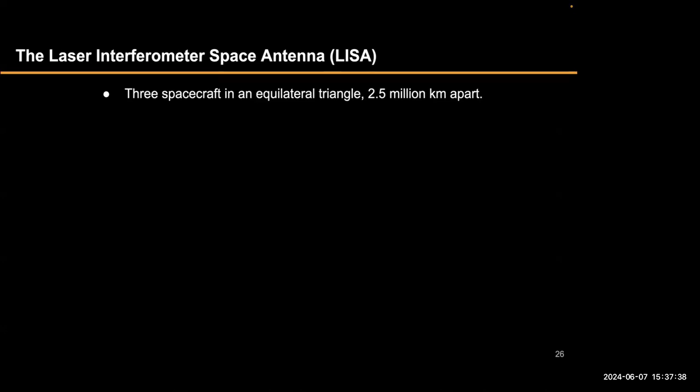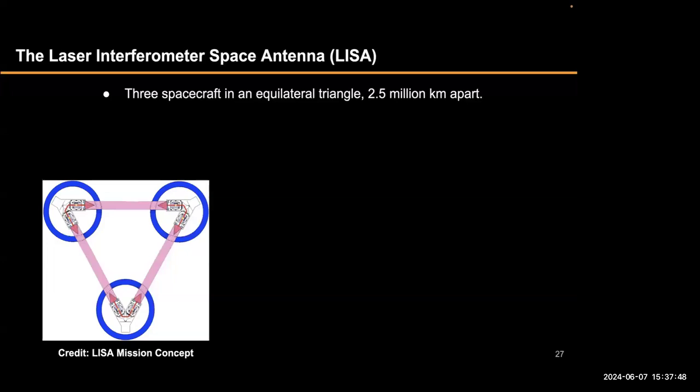So instead of having these arm lengths of 4 kilometers like we have here on Earth, the idea is that you're going to have three spacecraft forming an equilateral triangle, like the figure illustrates, and the distance in the arms of the triangle is going to be 2.5 million kilometers. This distance has changed from the inception to now, but I think that now this is the number that they settled on. So again, it's the same idea as the current ground-based observatories, just on a much larger spatial scale.